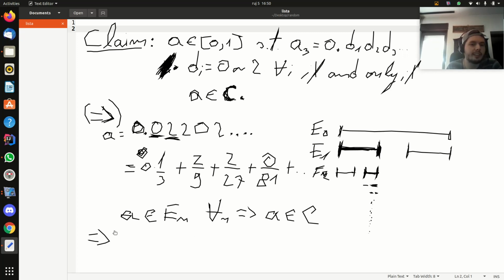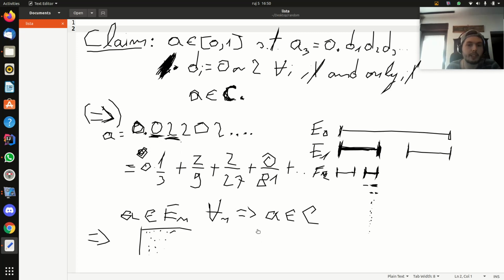And simply by Cantor's diagonal argument, the same way you do to show that the reals are uncountable, you can do the exact same thing here.